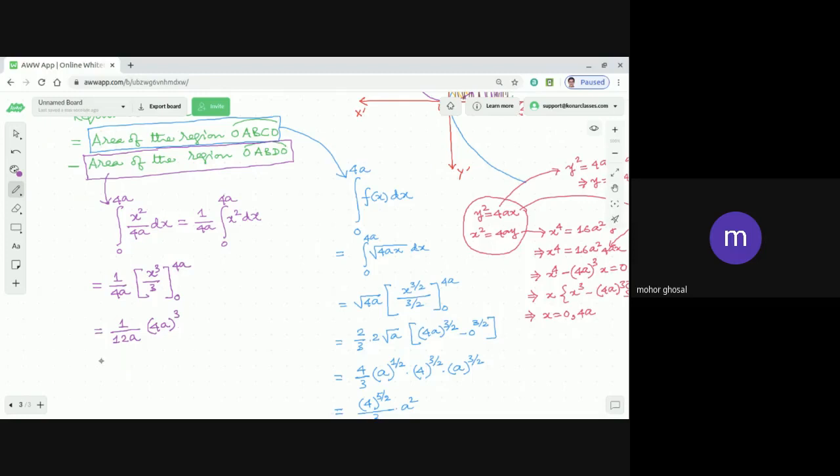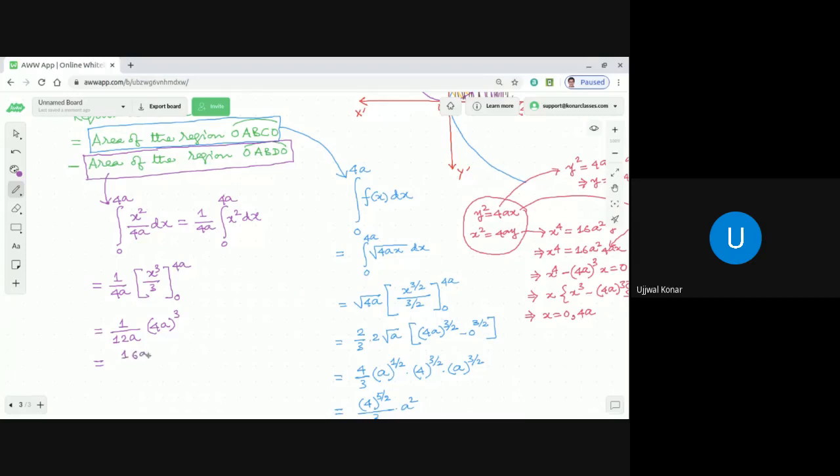So then finally what are you going to get? Tell me, what will be the value? 16a square by 3. Correct.